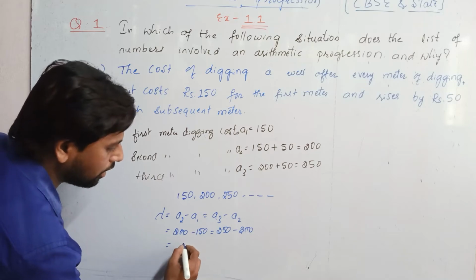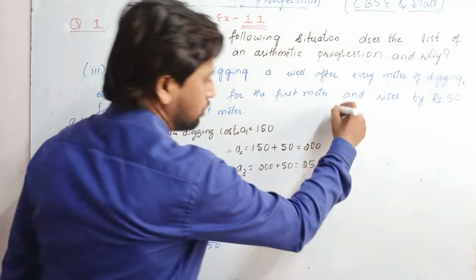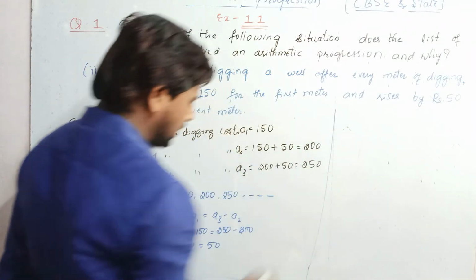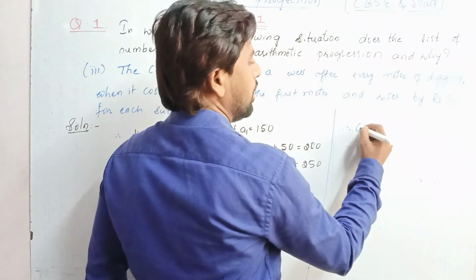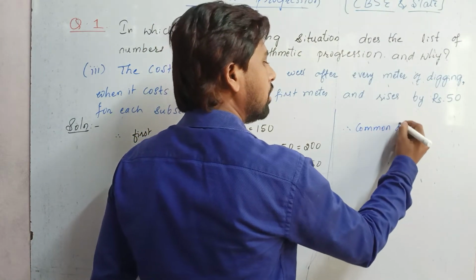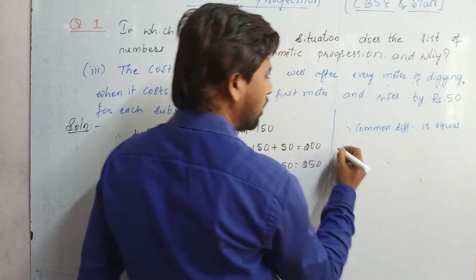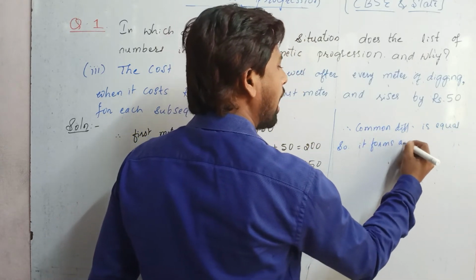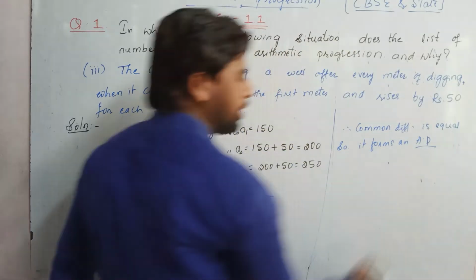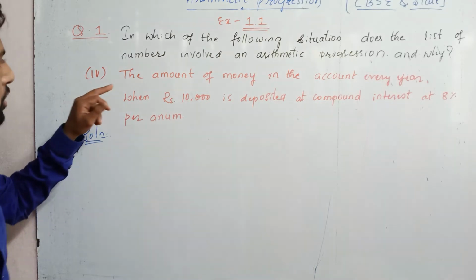So what is the answer here? This is going to be 50 and this is going to be 50. So what is there here, students? So common difference is equal, so it forms an AP.